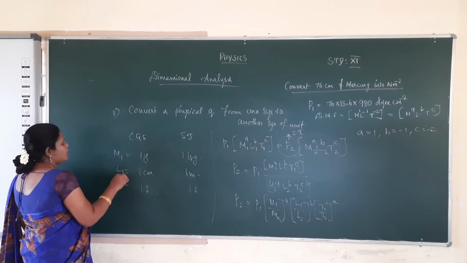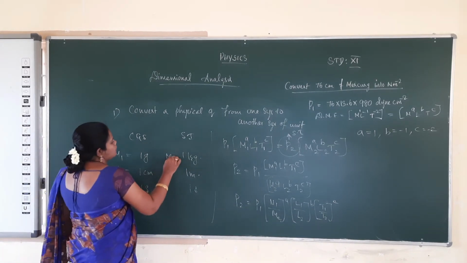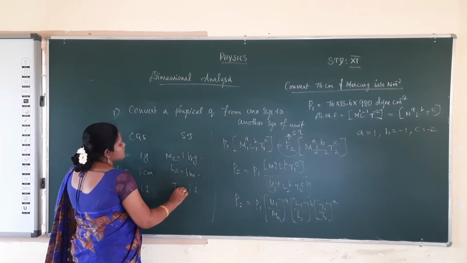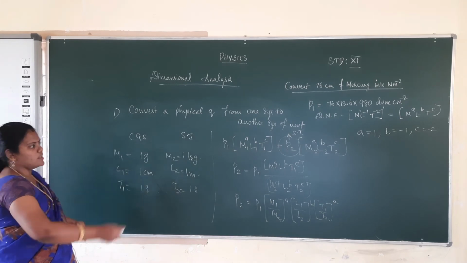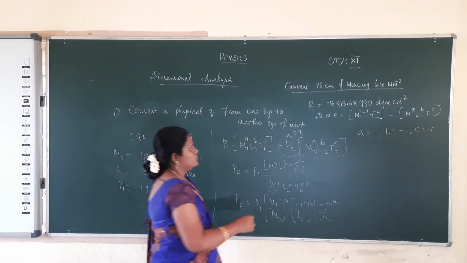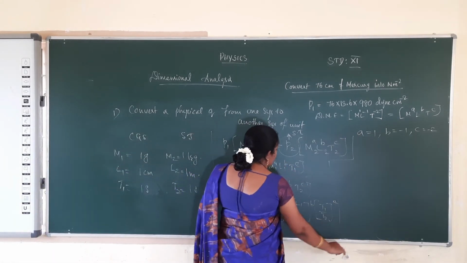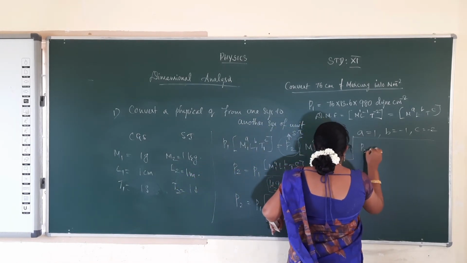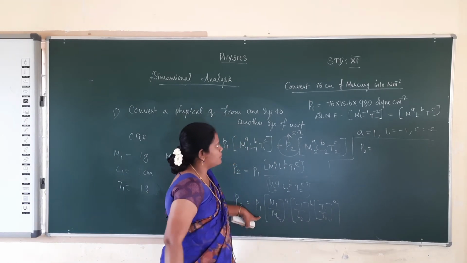M1, L1, T1, M2, L2 and T2. Okay, substitute all these values there. What will happen? P2 is equal to P1.